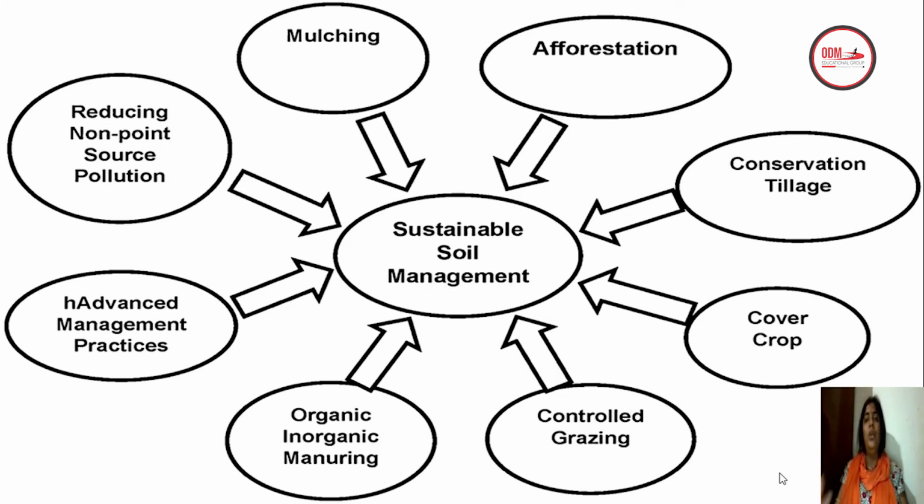Like if we concentrate on afforestation, conservation tillage, cover crops, controlled grazing, organic and inorganic manuring, advanced management practices, scientific methods of agriculture, reducing point source pollution, mulching, these are the ways through which we are trying to conserve the soil. And when we conserve the soil, we consider it sustainable soil management.